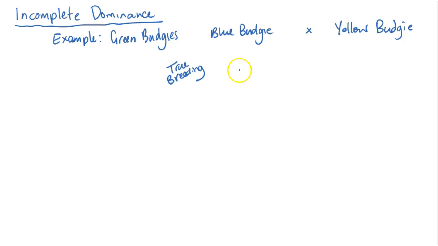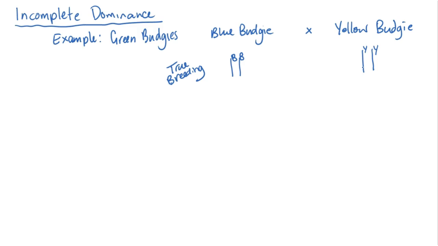What you don't realise is that the blue budgie and the yellow budgie are the true breeding organisms, and the green budgie is actually an example of incomplete dominance, because as you know on your paint palette, blue plus yellow makes green. So blue budgies are what we call true breeding, and they have a blue allele from each parent. Yellow budgies are true breeding, and they have a yellow allele from each parent with their genes for colour.